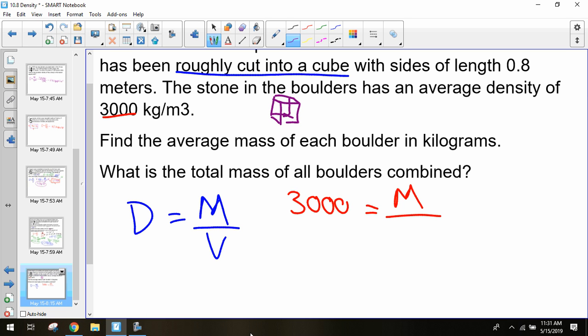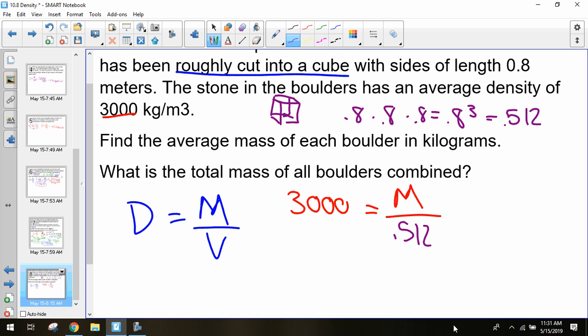We know all those sides are 0.8, so the area of our base would be 0.8 times 0.8, the area of the square at the bottom, times another 0.8 for the height. This is the same as 0.8 to the third, also known as 0.8 cubed, which is why we call it cubed. And that should give us 0.512, which is our volume.